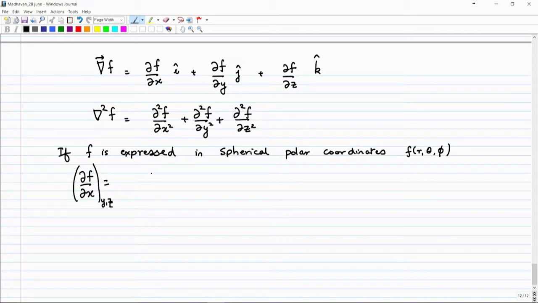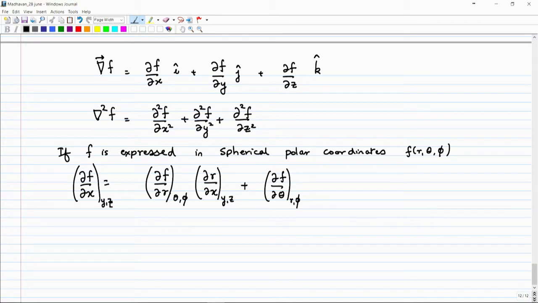So, you can write it as dou f by dou r keeping theta and phi fixed times dou r by dou x keeping y and z fixed, plus dou f by dou theta keeping r and phi fixed times dou theta by dou x keeping y and z fixed, and you have dou f by dou phi keeping r and theta fixed times dou phi by dou x keeping y and z fixed.